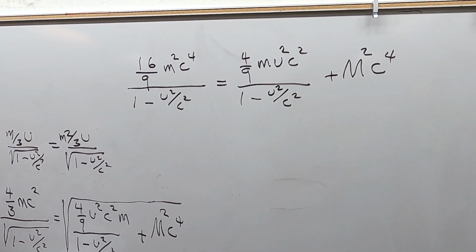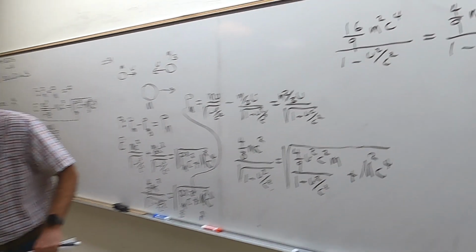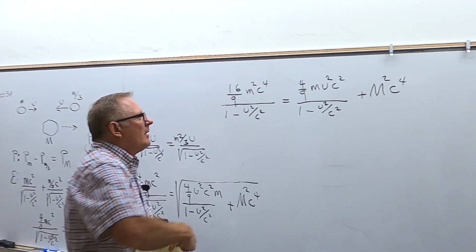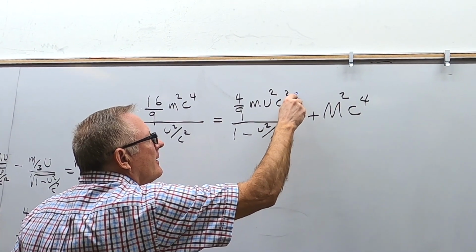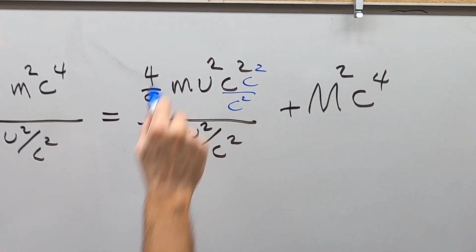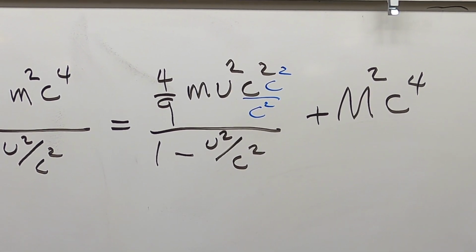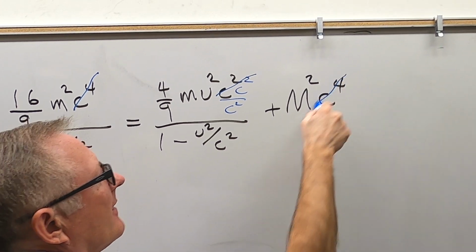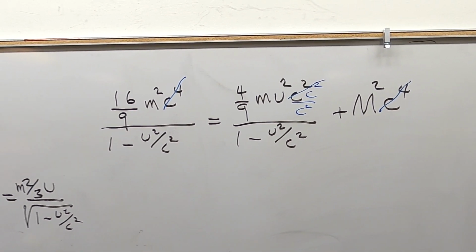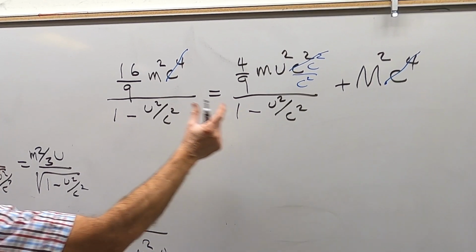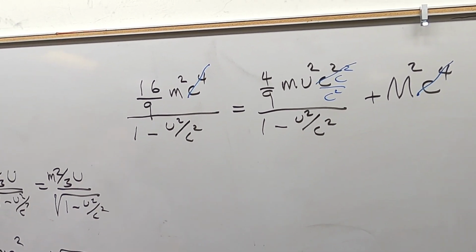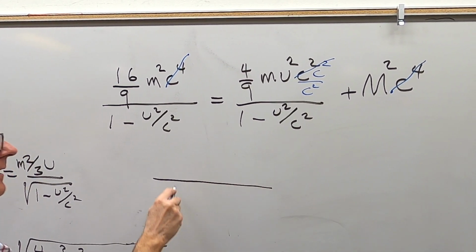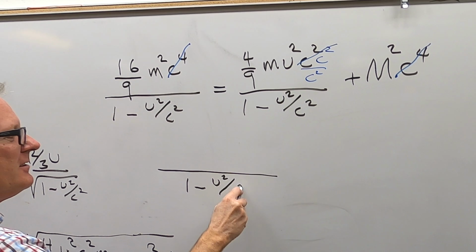Okay, and then I think what I'll do is put another c squared here and another c squared down below, and that way there's a c to the 4th in every term. So that term and all of that and all of that cancels out. I can bring this term over to this side, and I have a common denominator, 1 minus u squared over c squared.